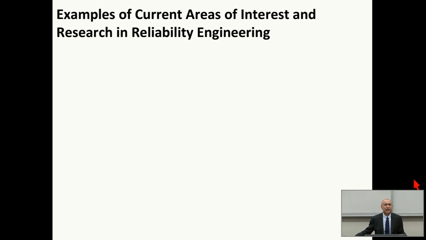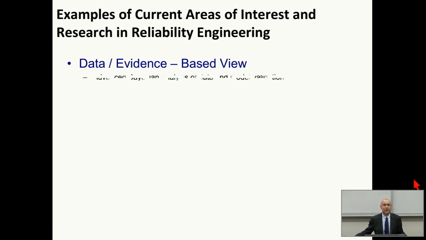Examples of current areas of research in reliability engineering, on the data side: there have been significant advances, and they are going on right now, in the application of advanced Bayesian models, data analysis, and data validation. Bayesian techniques allow you to bring in a smaller amount of data, but with some prior evidence, prior data, or expert judgment, or data from similar components, and bring them all together.